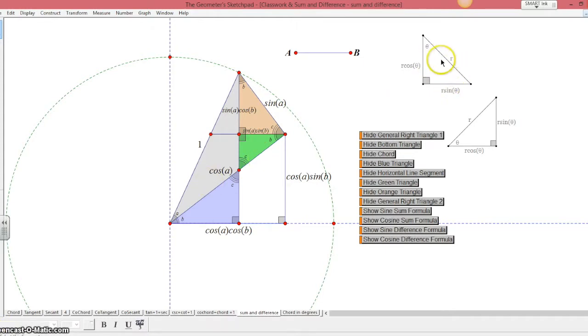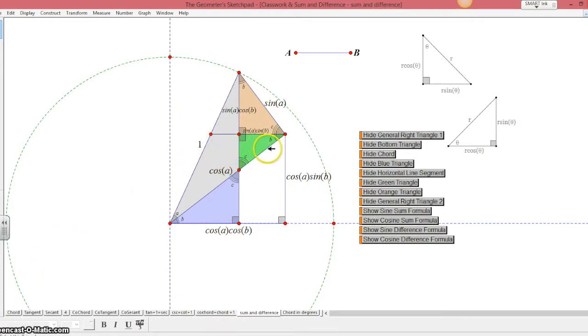This general triangle shows me that a hypotenuse must be scaled to our side length. Therefore, we take our hypotenuse, sine of alpha, and we scale it with our side, cosine of beta, to get our side length total right here, sine of alpha, cosine of beta.